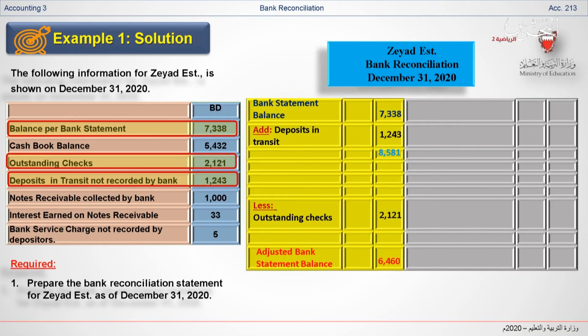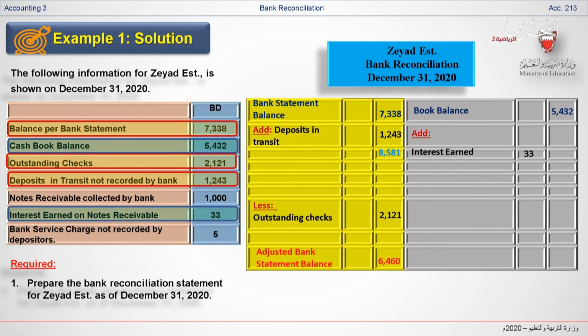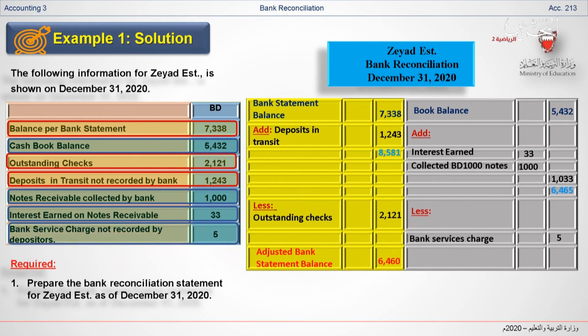Next, we will work on the book balance side by inserting the cash book balance, which is 5,432 BD. And we will make all the adjustments to the balance per company's books by adding interest earned of 33 BD and notes receivable collected by bank of 1,000 BD, and deducting bank service charge not recorded by depositors of 5 BD.